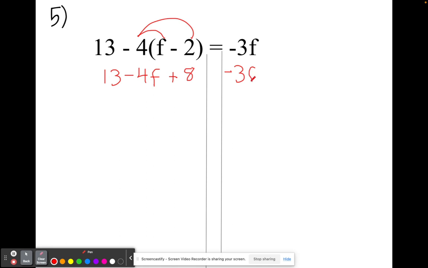We're going to get one solution, no solutions, or infinite solutions. Let's combine like terms. 13 plus 8 is 21 minus 4f equals negative 3f.